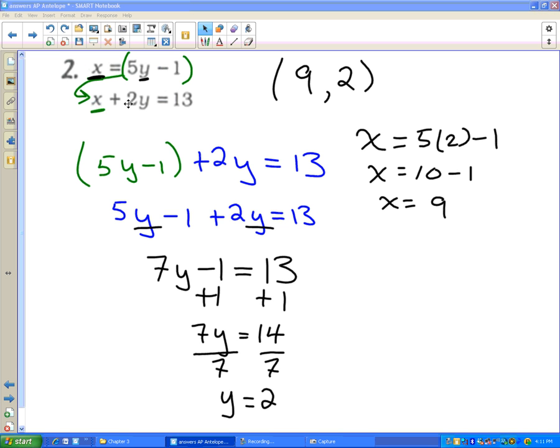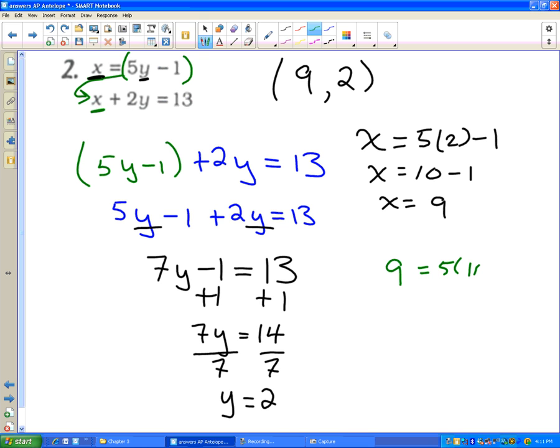I could plug them back into the equations and solve to see if it makes sense, and they do. If you need to see it, here's the aside. So my original equation is 9 is equal to 5 times 2 minus 1. 9 is equal to 9. That checks out.